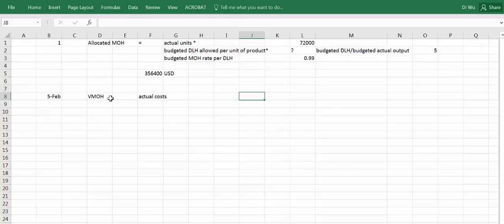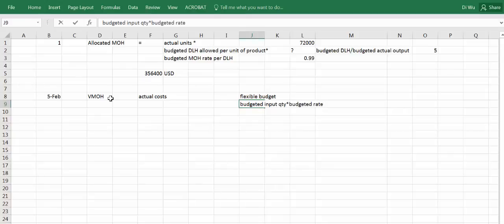So we have actual costs, and we have a flexible budget. For the flexible budget, we know that it's budgeted input quantity multiplied by the budgeted rate.